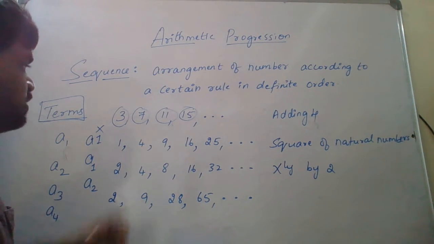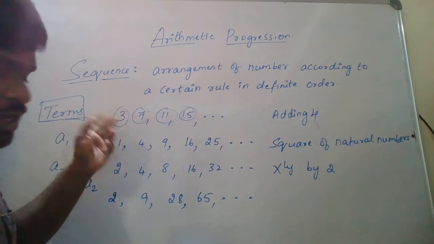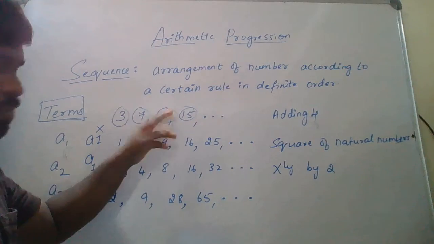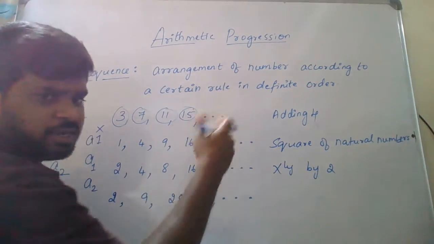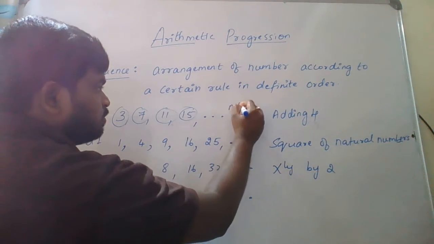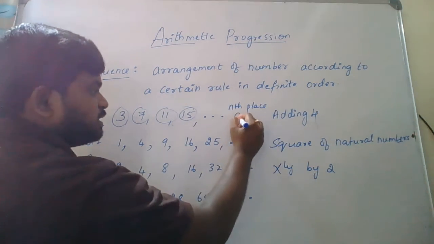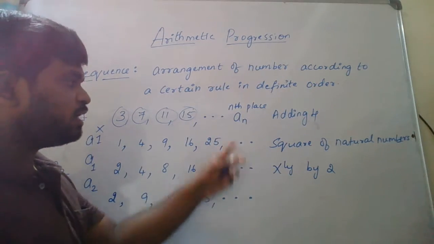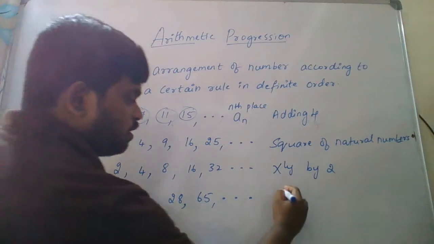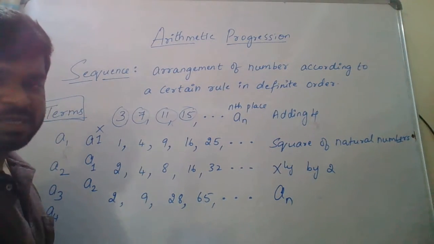So each number in the sequence is called a term. If it is in the first place, we call it the first term, second place, second term, third place, third term, and so on. If it is in the nth place, I don't know which place, nth place, I call it the nth term, denoted as a suffix n. These are basics.